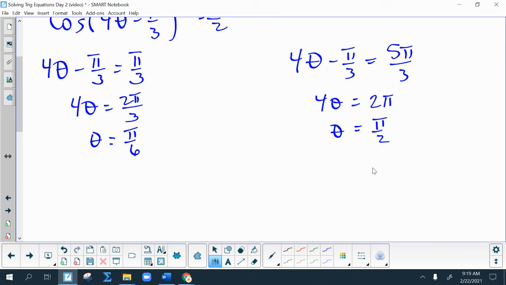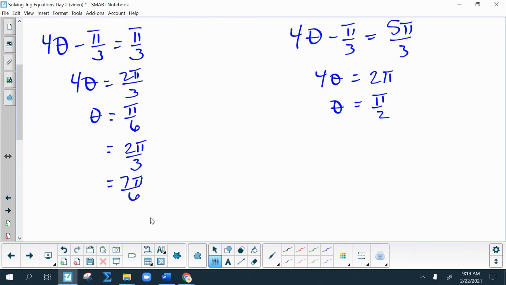Okay, so let's see, add pi over 2 on to pi over 6. That's going to be 2 pi over 3. Add pi over 2 onto this angle. I'm going to get 7 pi over 6. And add 2 pi over 3 on again, and I get 5 pi over 3. If I add it one more time, it will be too big. So those are the first ones.